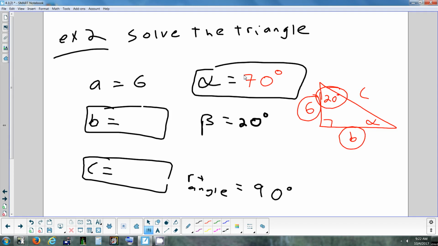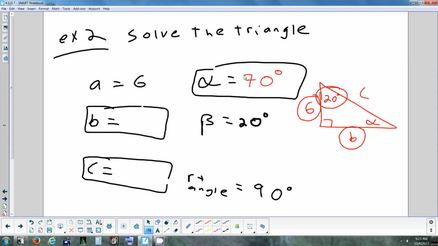Okay, Ryan, what's the name of side B from the perspective of 20? Opposite. And what's the name of the 6 from the perspective of 20? Adjacent. And Hayden, what trig function would involve opposite and adjacent? Tangent, yep.